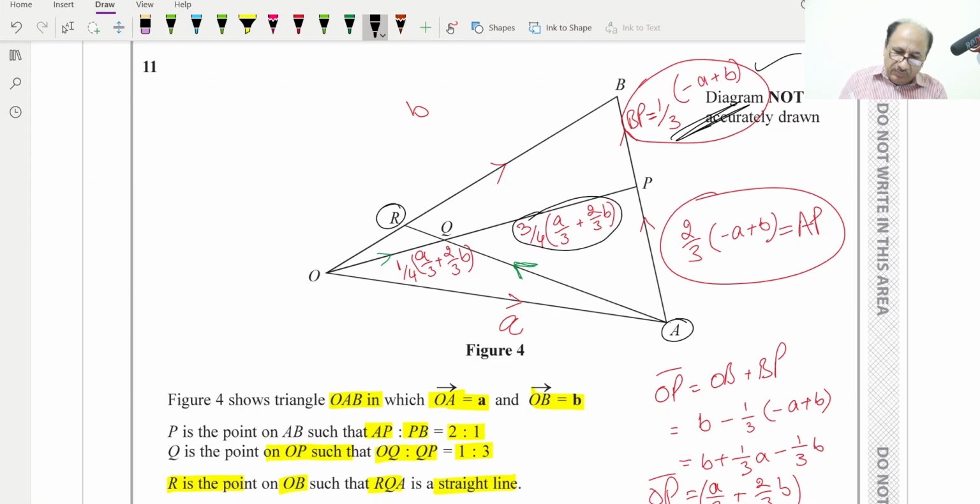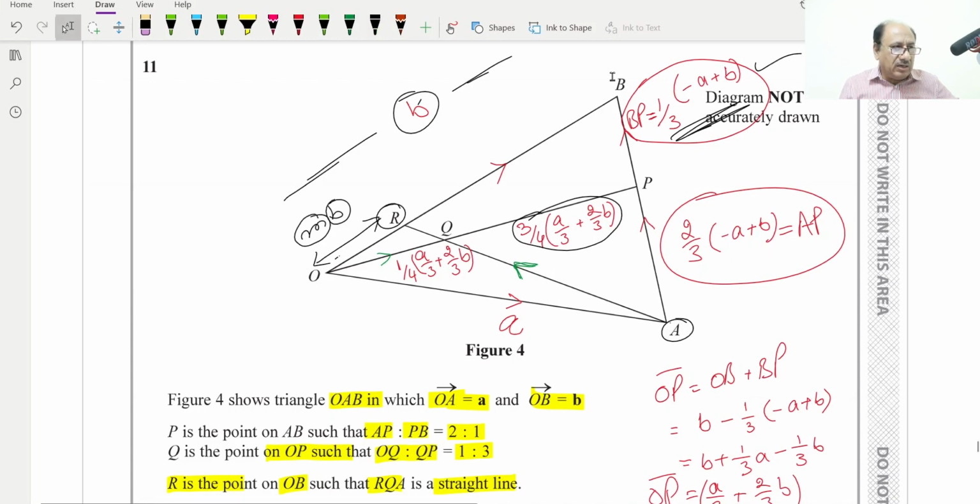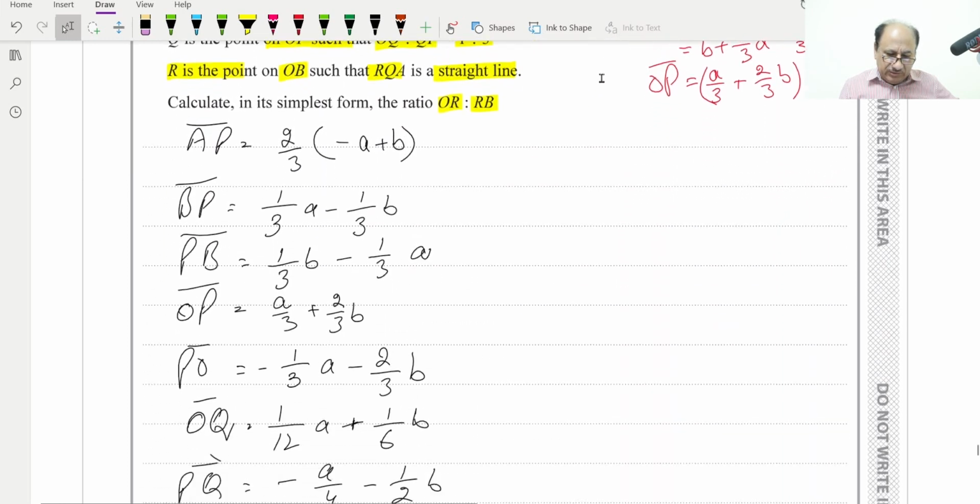So AR will be minus a and plus something like minus a plus this total side is b. This total side is b, so we can take it as mb. So there will be something multiplied by b, this component from O to R, so we can write it as minus a.